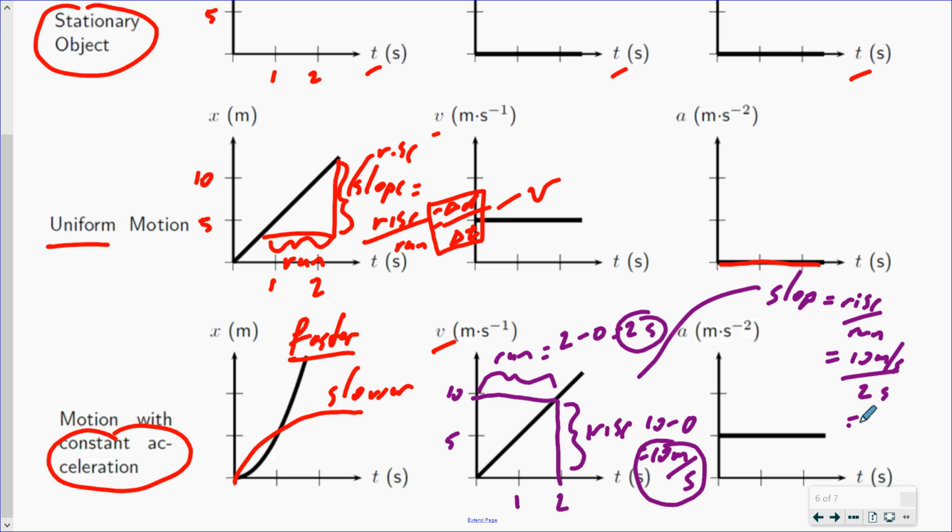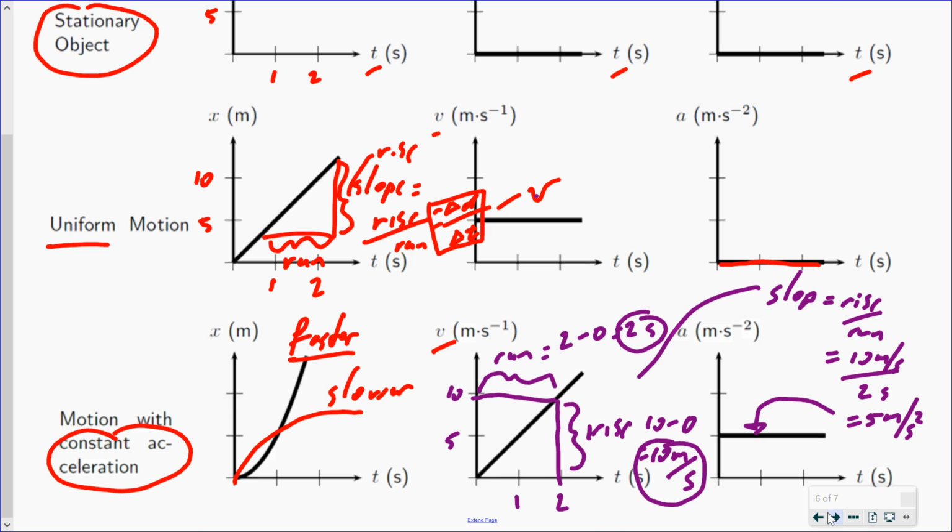That's equal to 5 meters per second squared. Meters per second squared, that's acceleration. That's what this is right here. So we take the slope of the velocity time graph, and that's equal to acceleration. We take the slope of the position time graph, and that's the velocity.